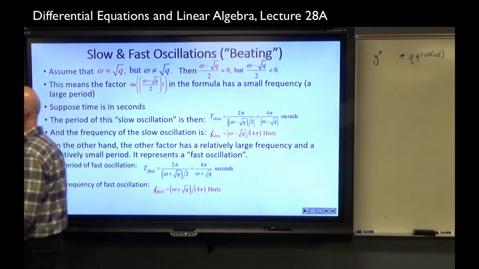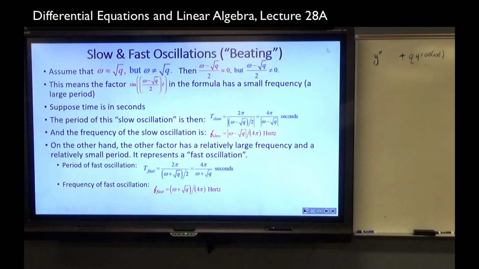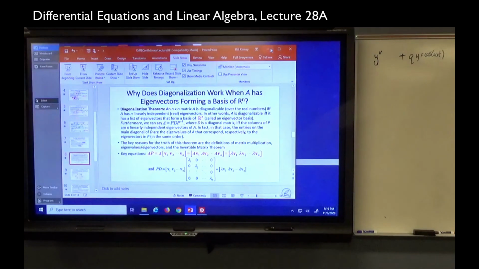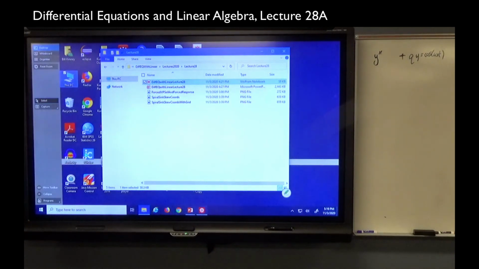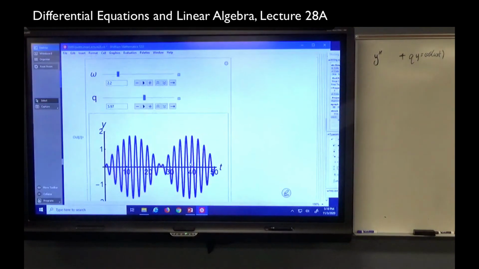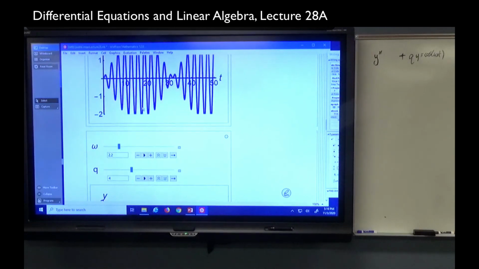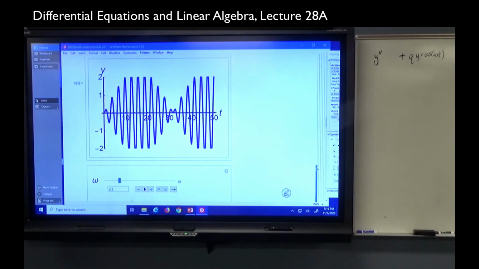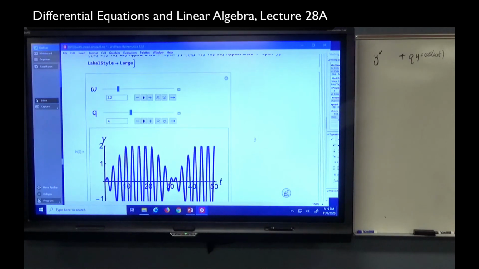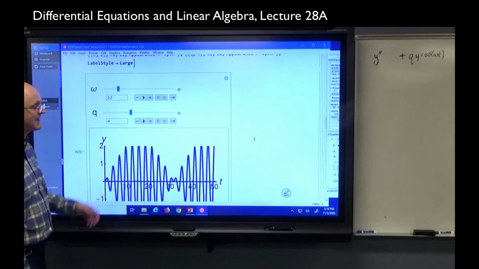Let's finish by looking a little bit more at Mathematica here. Does what we see here match? Omega is 2.2, q is 5.97. Let's go back to the 4 case. So I changed q to 4. Square root of q then is 2. Omega is 2.2.